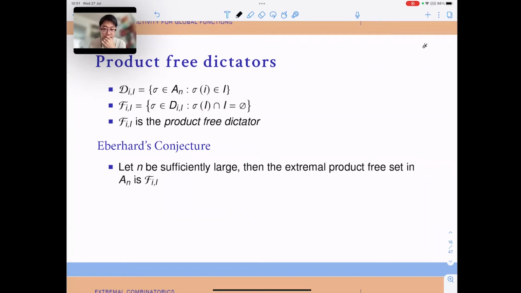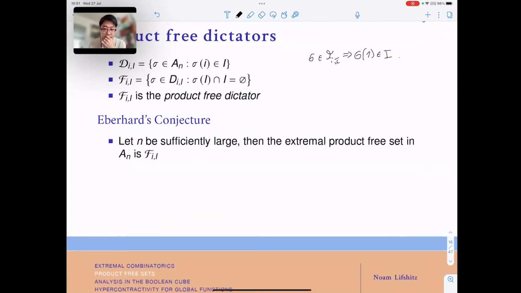So why is that? Suppose that sigma is in F_{1,I}. This means that sigma of 1 is in I. And then if tau is in F_{1,I}, this means that tau of I is in I complement.